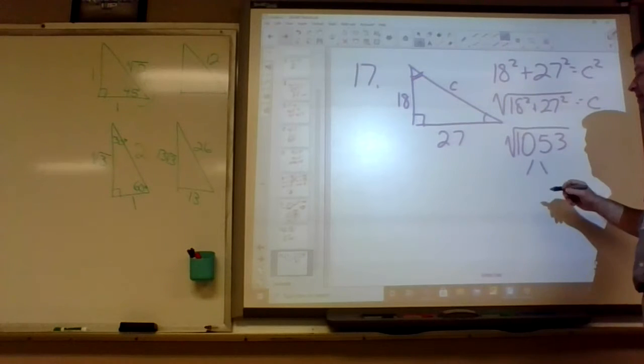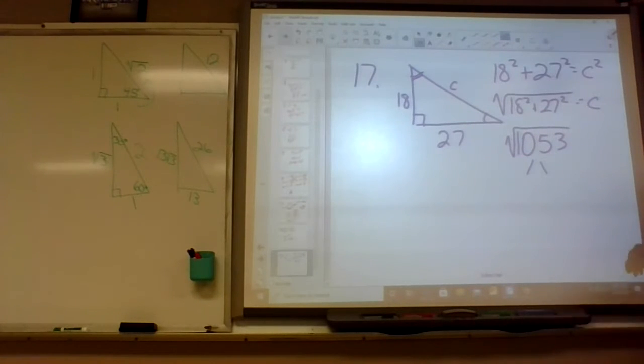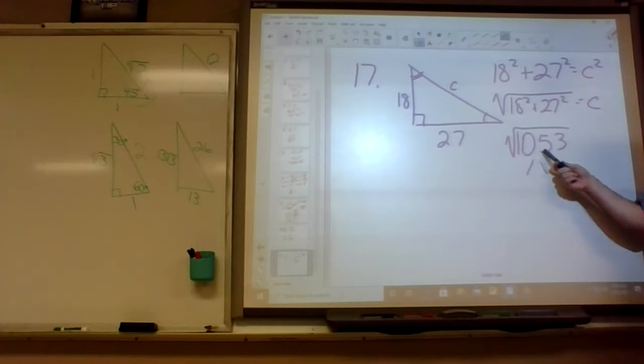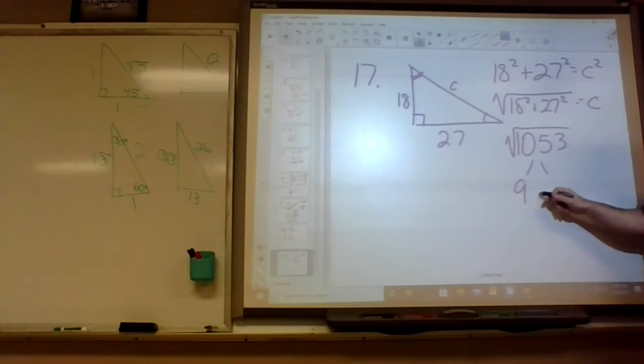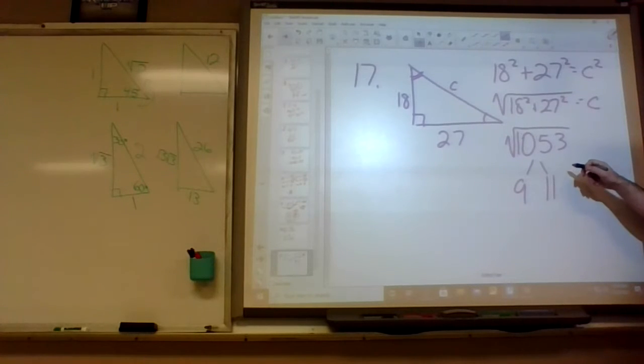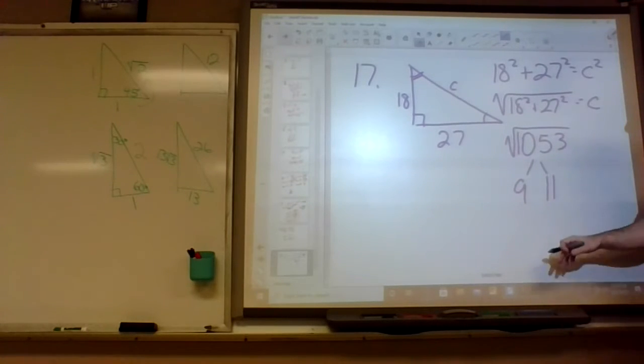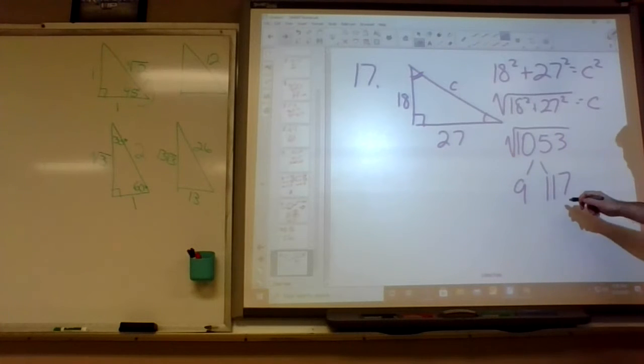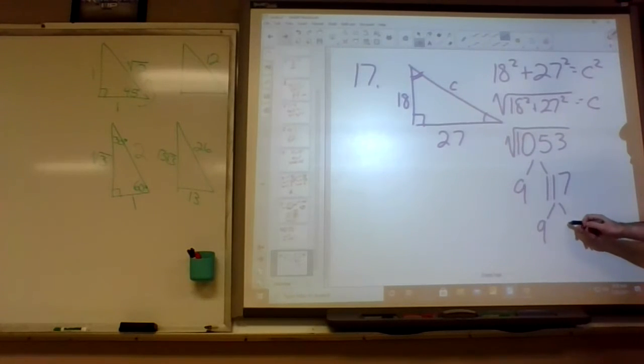You could simplify it. 1 plus 0 plus 5 plus 3 is 9, so I know that 9 goes into this. So if you do 1053 divided by 9, it's 117. And then 1 plus 1 plus 7 is 9, so 9 goes into this. 117 divided by 9 is 13.